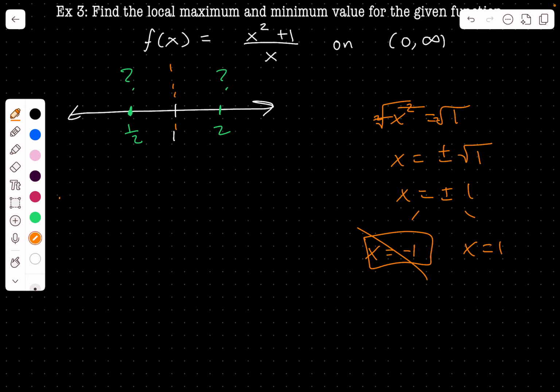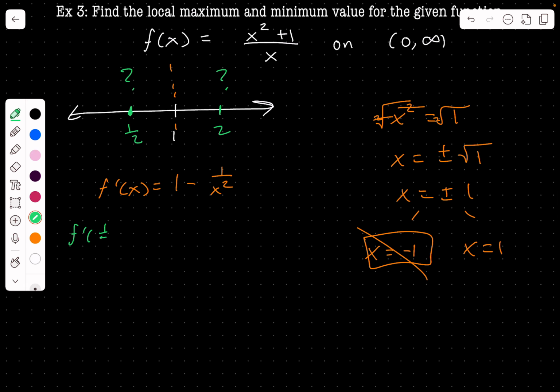So let's plug in our 2 chosen values into the derivative, right? And if we don't remember, I probably shouldn't have erased that. Let me write that first. Remember, our derivative was f prime of x equals 1 minus 1/x squared. That was it in its proper form.